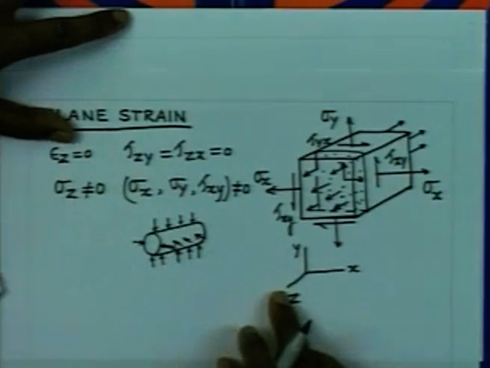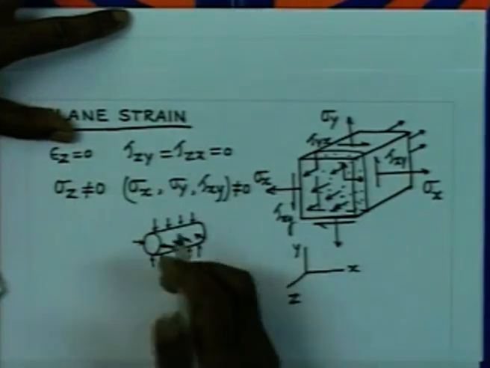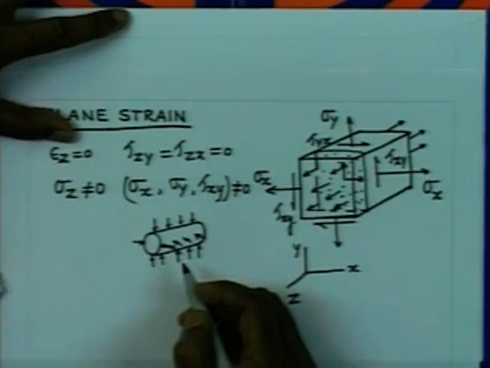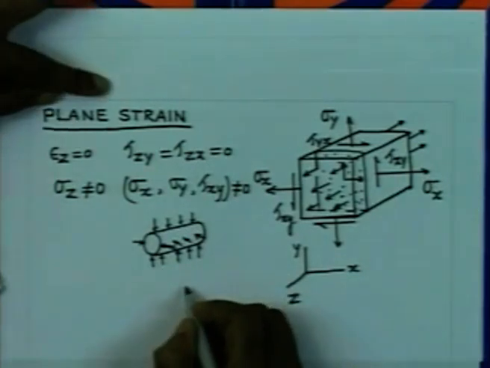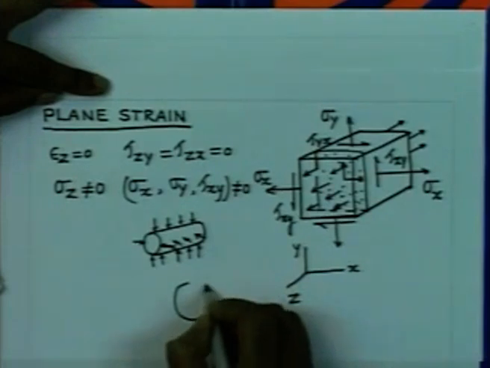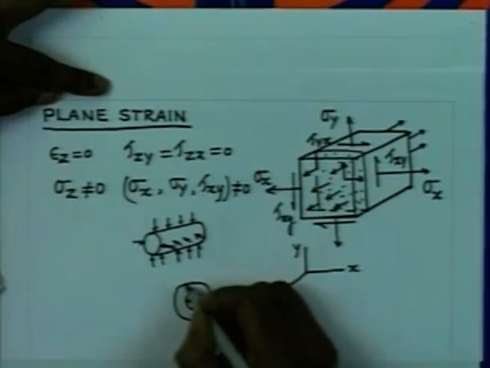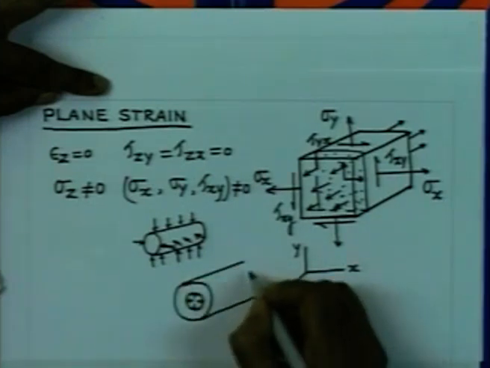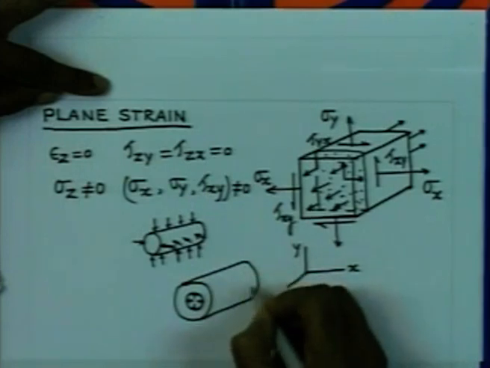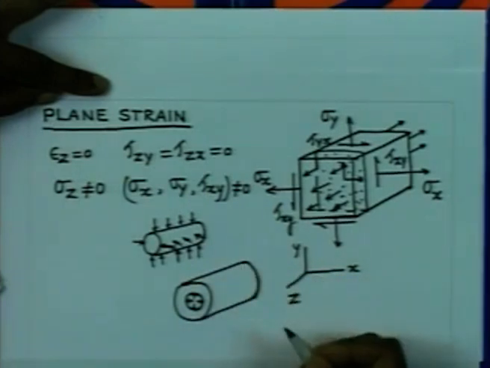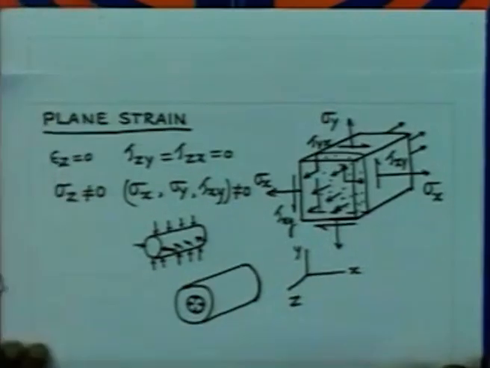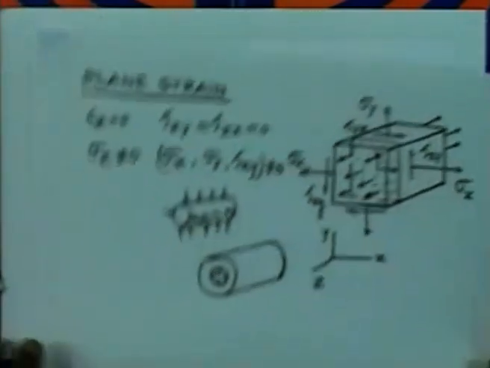Then each plane of this roller will undergo plane strain condition. Similarly, if you think of a hollow pipeline which is subjected to internal pressure, we will find that each cross section of the pipeline will undergo deformation which more or less conforms to plane strain condition. We would like to find out the relationship between stress and strain in such situations.